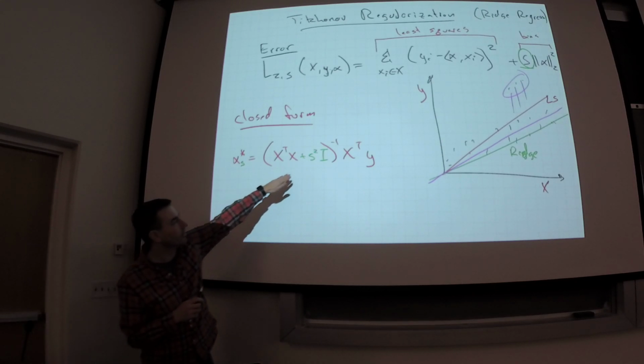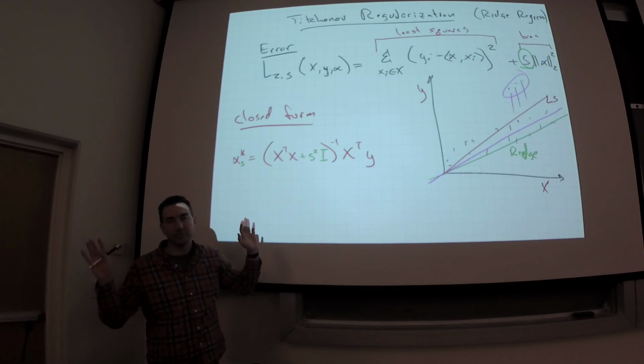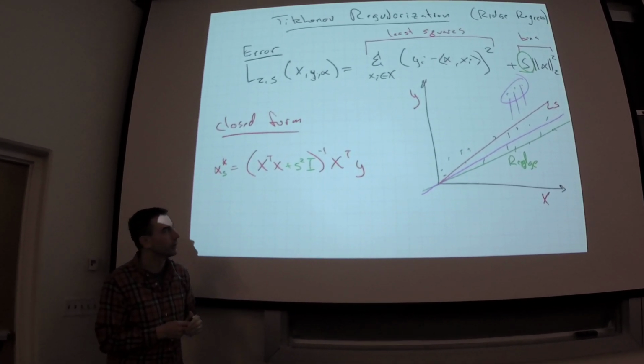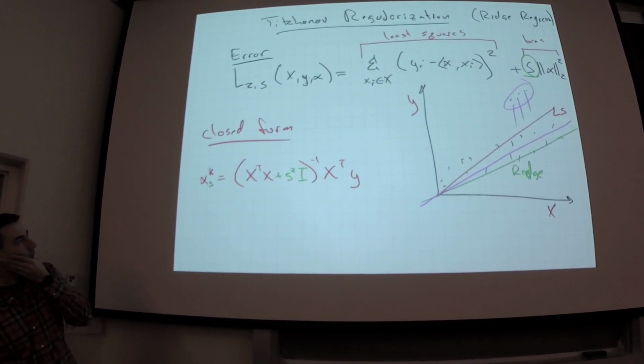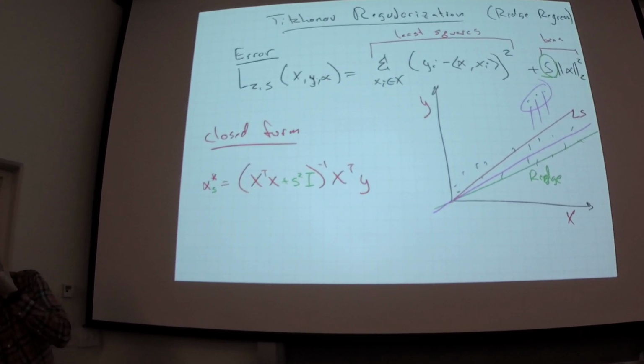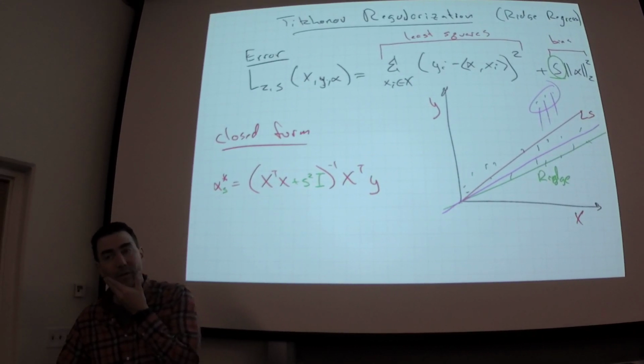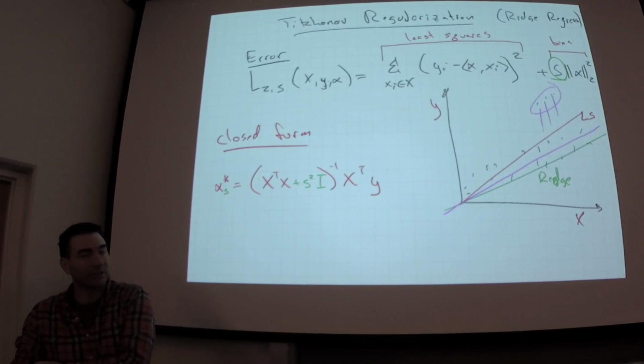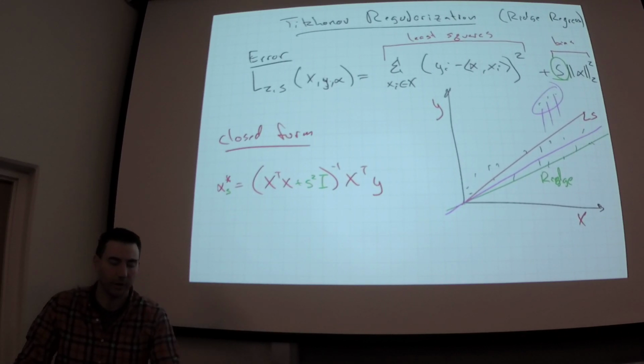So I still have a closed form solution. It's just as easy to solve as before if I know the value of s. All right, so this is a common extension to least squares.